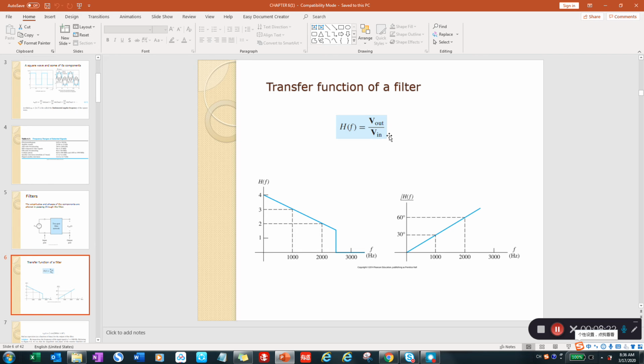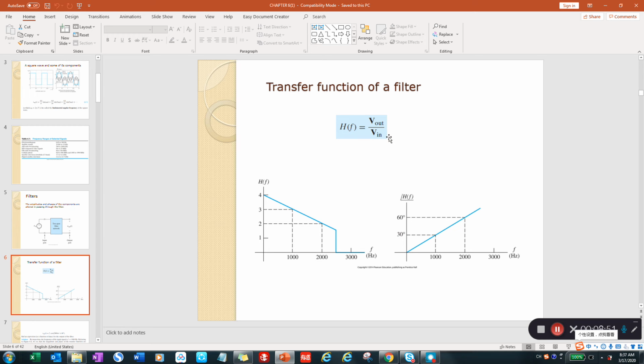So here, if you look at this formula, you know that they are in bold letters. That means they are in fact phasors. All three components in this formula are phasors. V out is a phasor. It not only includes the amplitude, but also the phase.